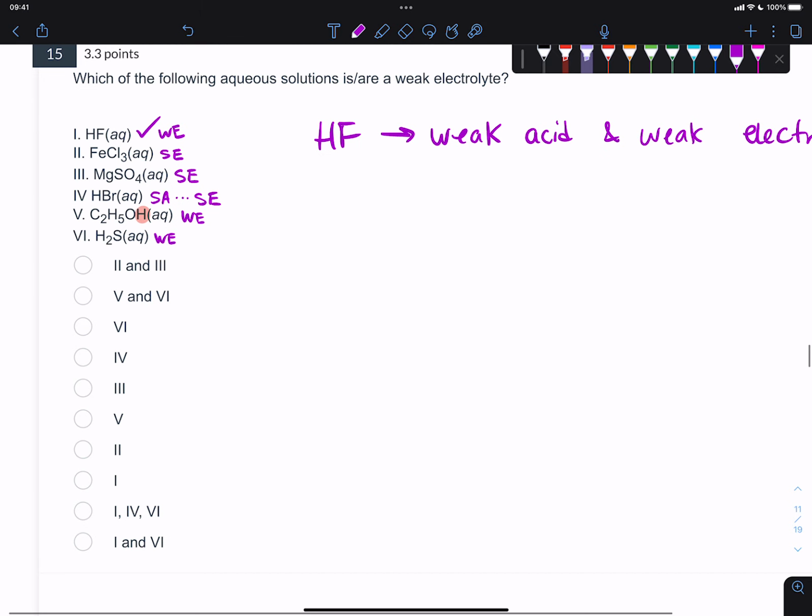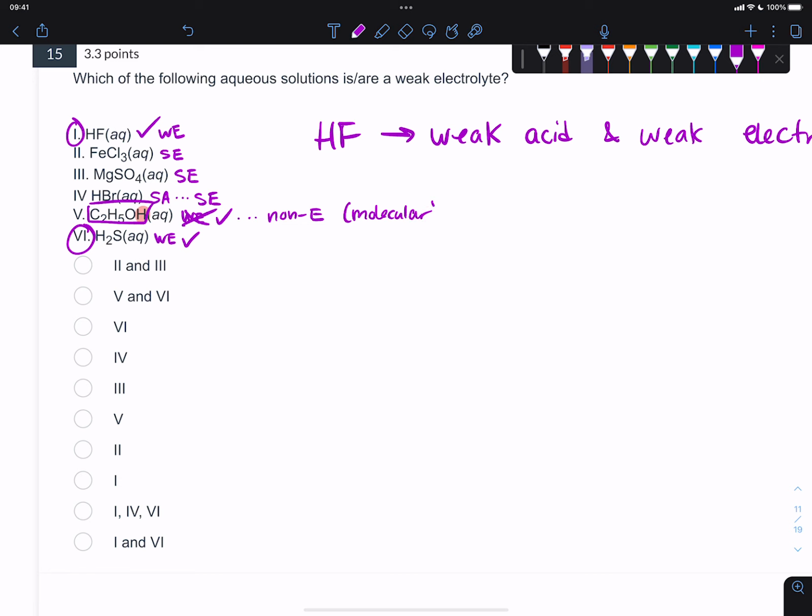So looking at this information, put a check mark here and here. It says which ones are you going to want? You have 1, you have 6, and then technically because this is a molecular compound, I'm actually going to call it a non-electrolyte because it's molecular. And by that same logic, H2S is also a molecular compound, but it still can act as an acid, just not a very strong one, so it's a weak electrolyte. So the one that makes sense is going to be 1 and 6.